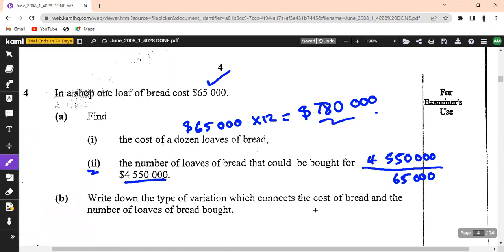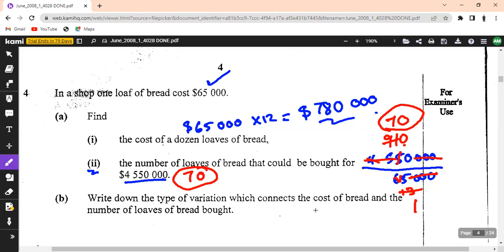We can just cancel the 3 zeros here, and reduce by 5 if possible. 5 into 15 is 3, 5 into 45 is 9, 5 into 10 is 2. 13 into 13 is 1, 13 into 91 is 7, and a 0 there. So you're going to obtain 70 loaves. The number of loaves which can be bought for this amount was 70.